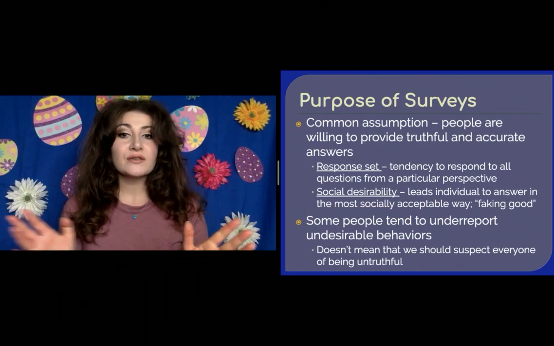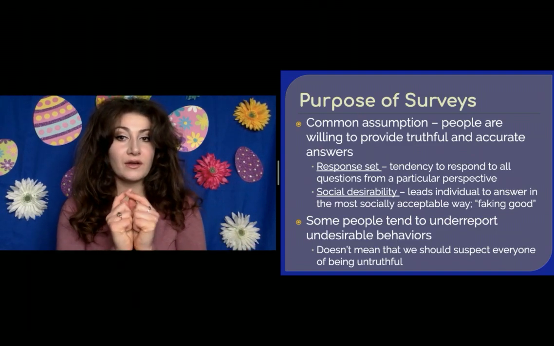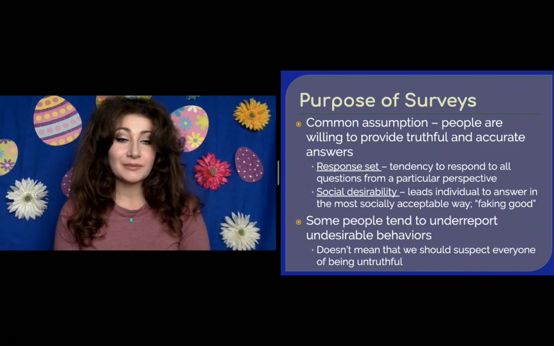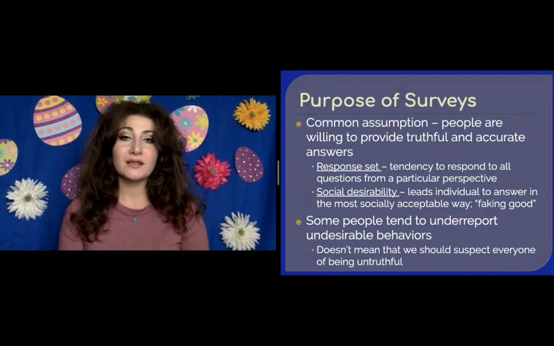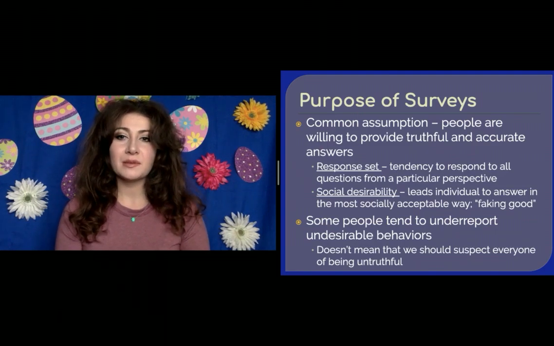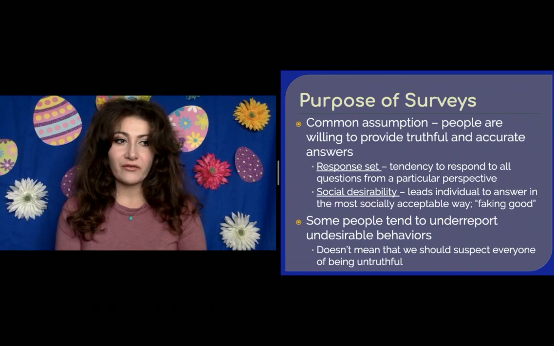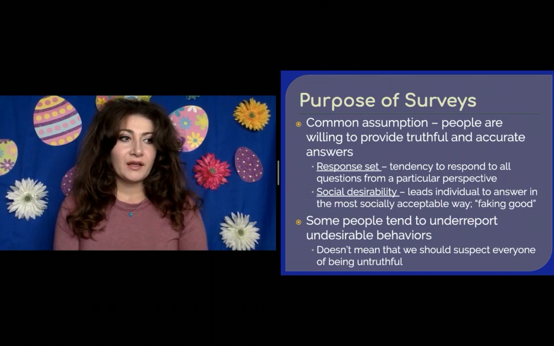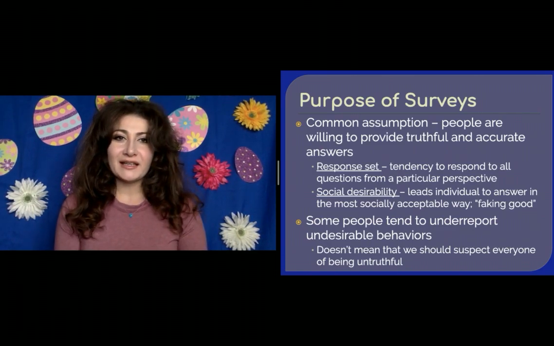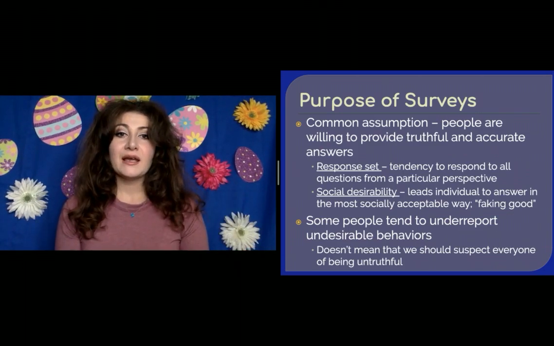So while surveys are wonderful in collecting large amounts of very descriptive data, we still have to be considerate and aware of the fact that sometimes people don't see things from a different perspective. Sometimes people are very likely to take on one perspective and just answer all of the questions in that way.